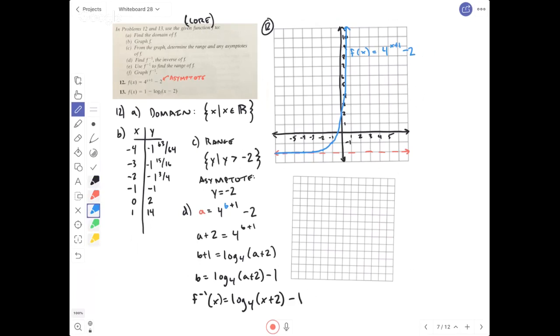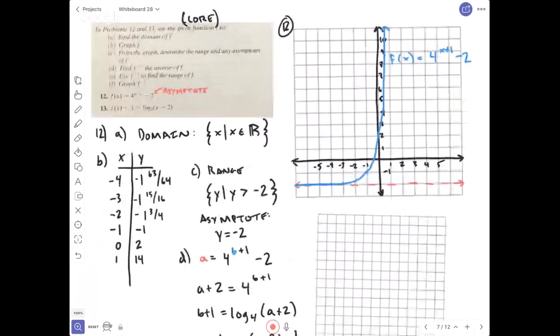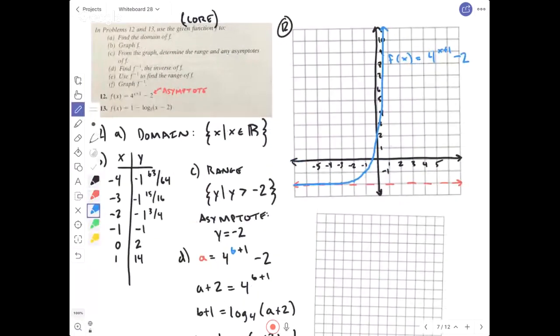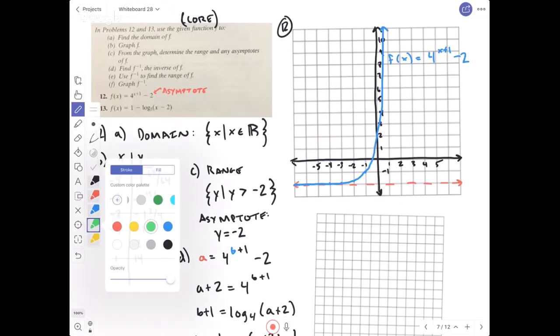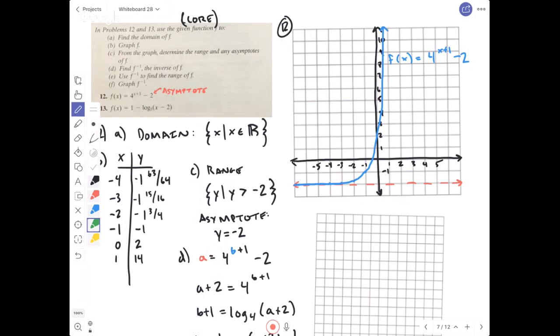So to graph the inverse function, going back to my graph, I'm going to graph the inverse in green. And I just need to switch the inputs and the outputs. So now I'm going to say -1 and 63/64 gives me -4, which is down there. 3, -4.